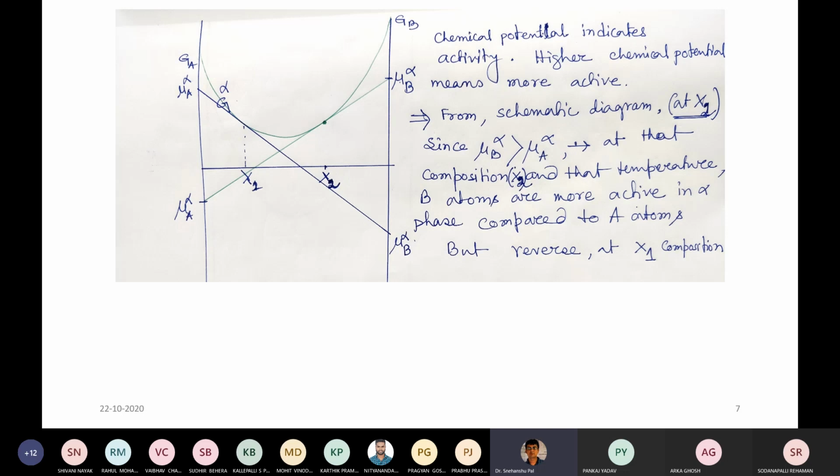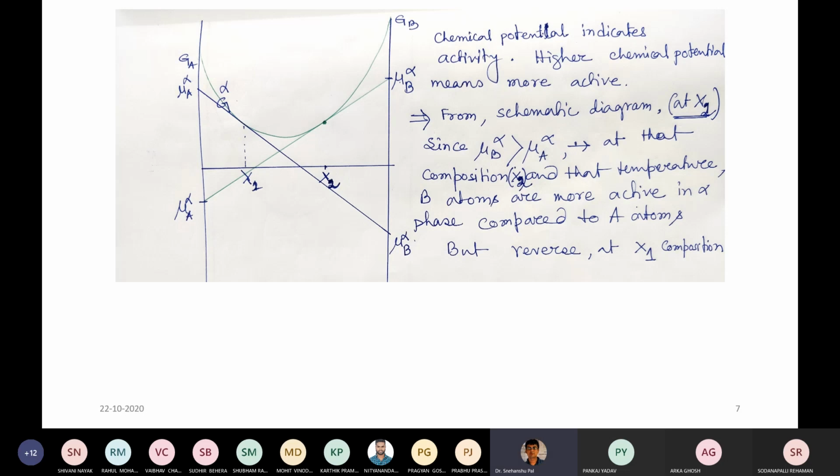At that composition and temperature, mu B in alpha phase is much greater than mu A in alpha phase. What does that mean? B is more active. B atoms are more active in alpha phase compared to A atoms at that particular composition and temperature.